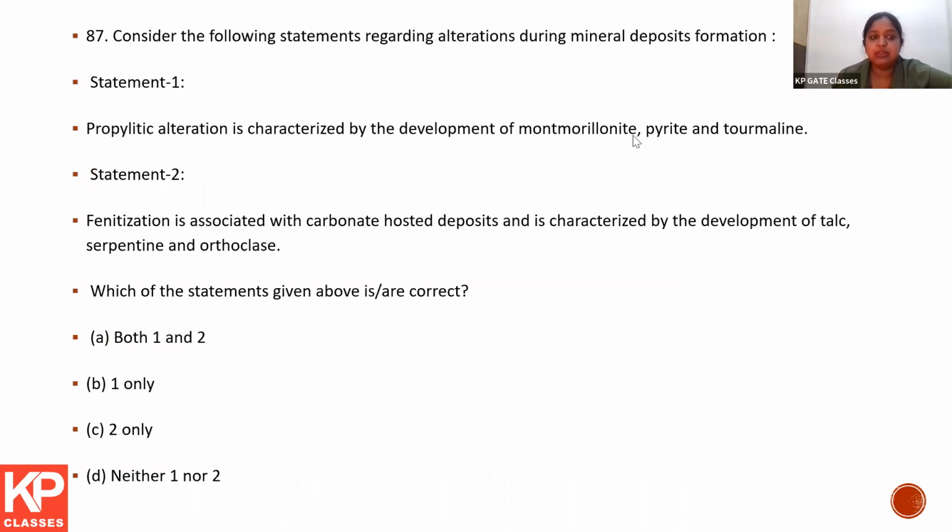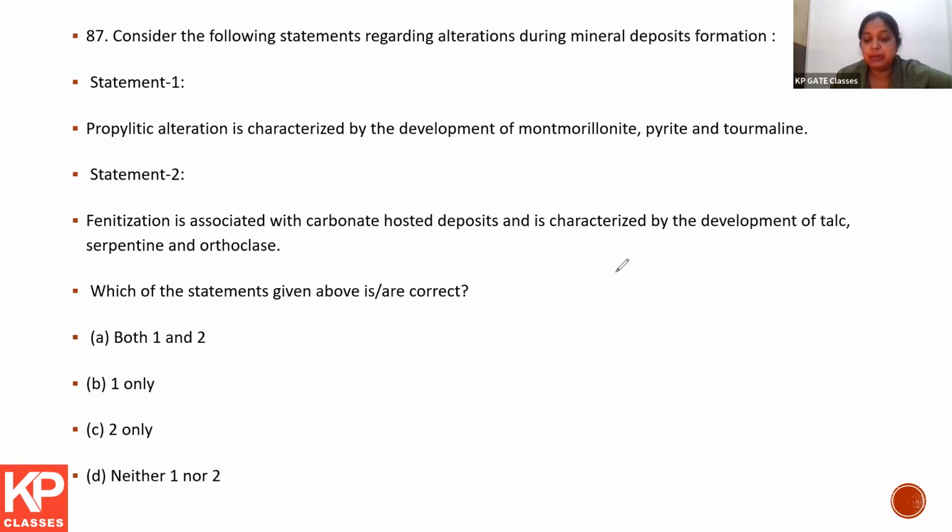Now the next question, consider the following statements regarding alterations during mineral formation. Statement 1, propylitic alteration is characterized by the development of montmorillonite, pyrite, and tourmaline. No, that's a wrong statement.